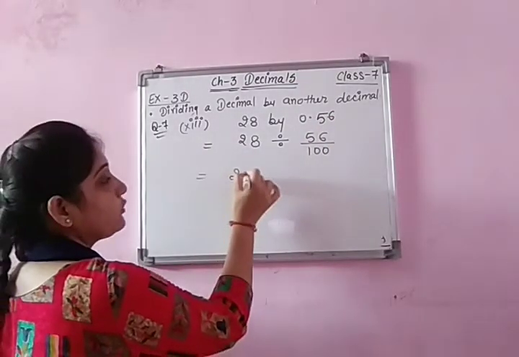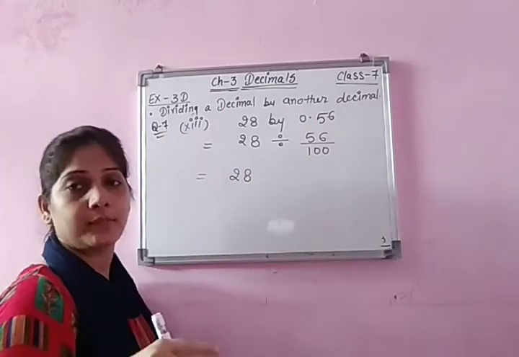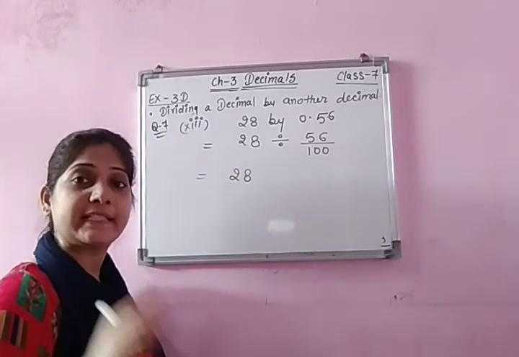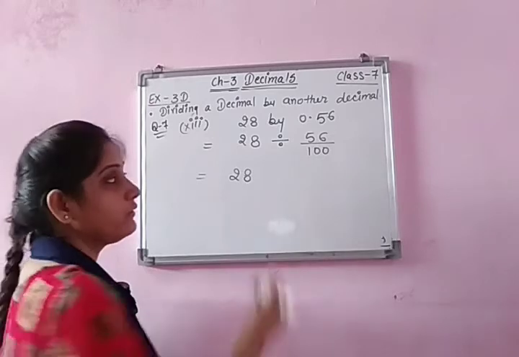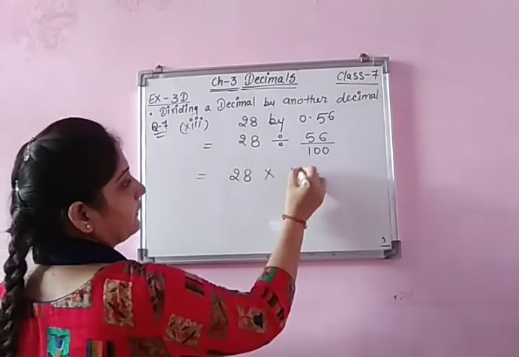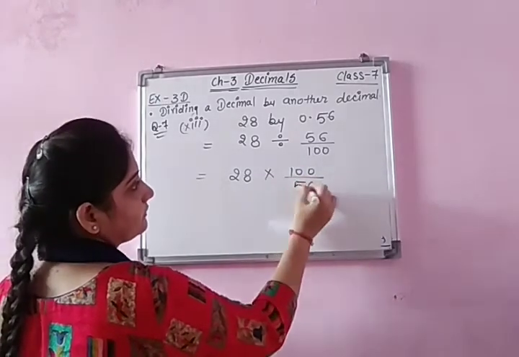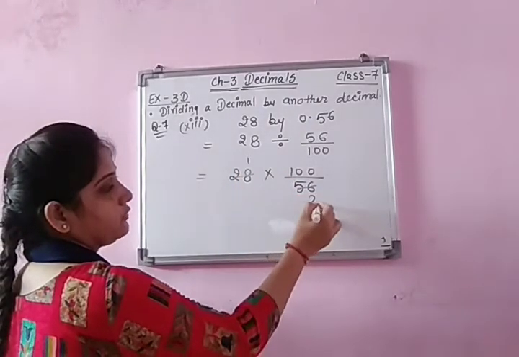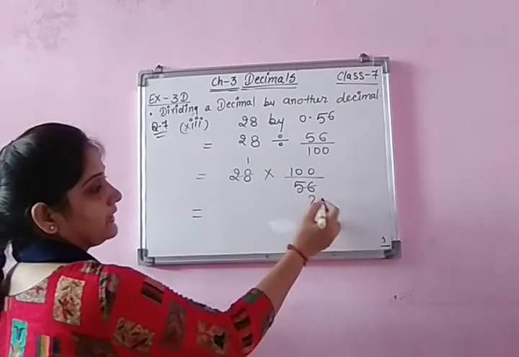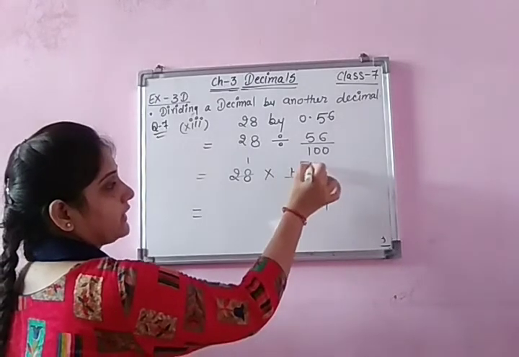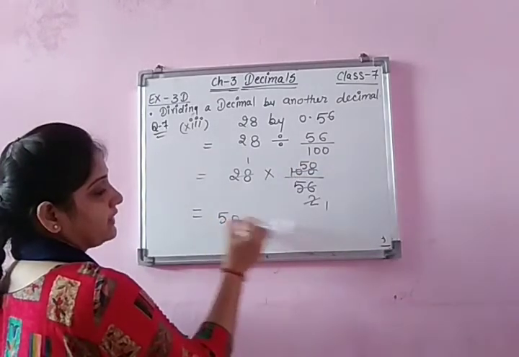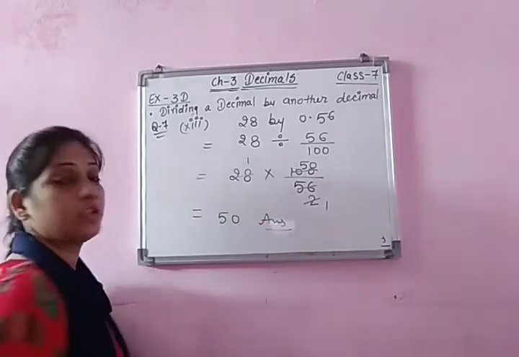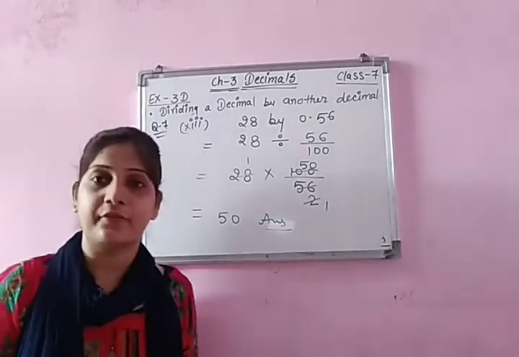Please do it stepwise. In the first step, only convert into fraction. In the second step, do the reciprocal. 100 upon 56. Correct? Now 28 1 and 28 2, and by 2 I can cancel this out. 2 5s are 10, 0. So 50 1 is 50, and the denominator is 1. So the answer is 50.